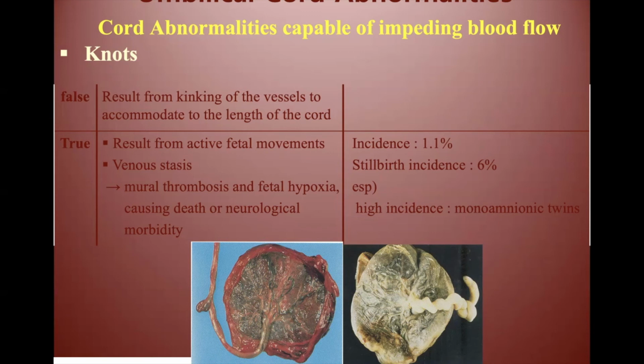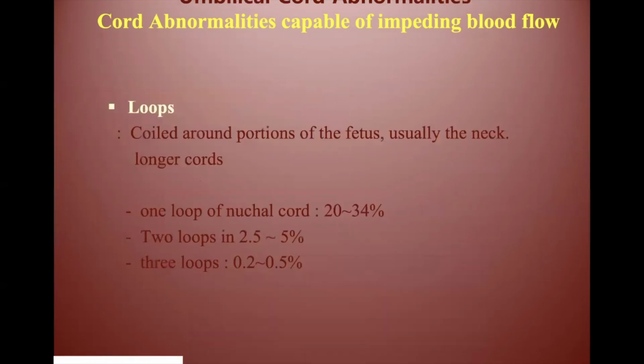Abnormal fetal heart rate tracings are common, often encountered during labor. However, cesarean delivery rates are not increased and cord blood acid-base values are usually normal. Also, we have sometimes loops.